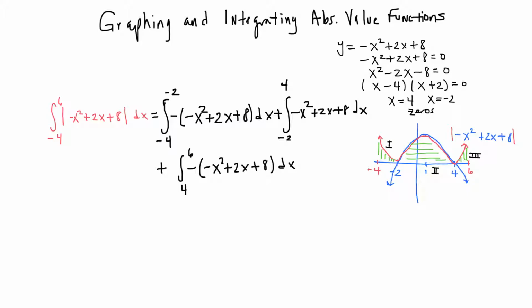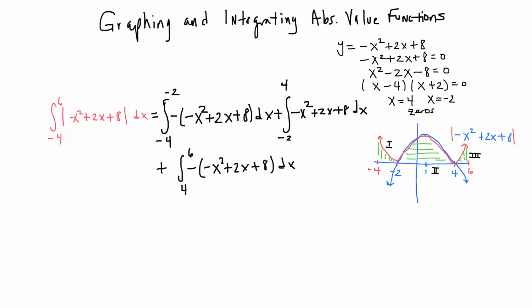Okay? Now, if you integrate these three pieces, you will get exactly the same as if you were integrating the absolute value. Because again, by looking at the red function, that's exactly what we have. Having the two negatives here creates the effect of the absolute value. It takes a negative and it makes it positive.